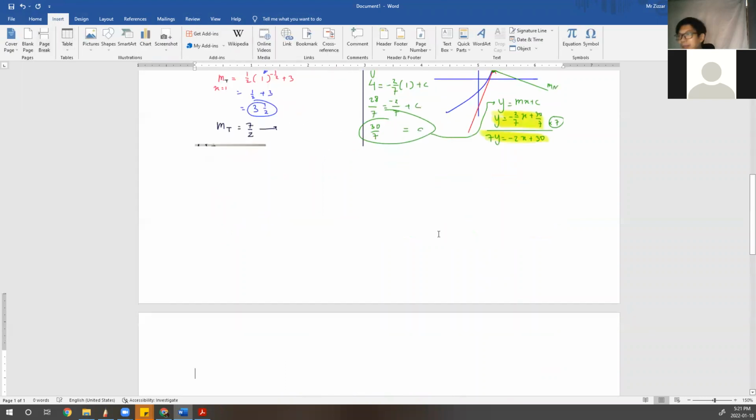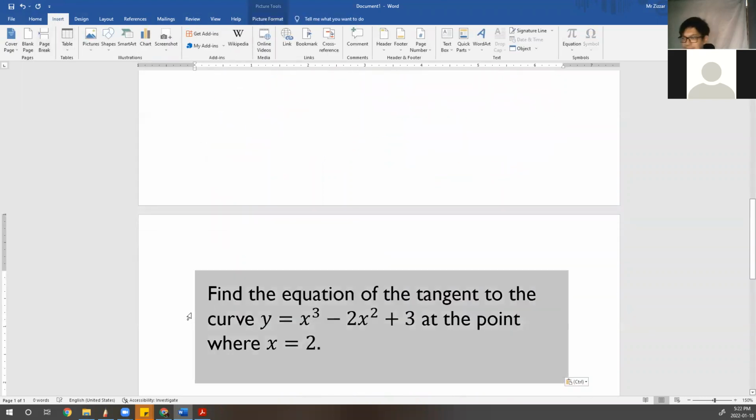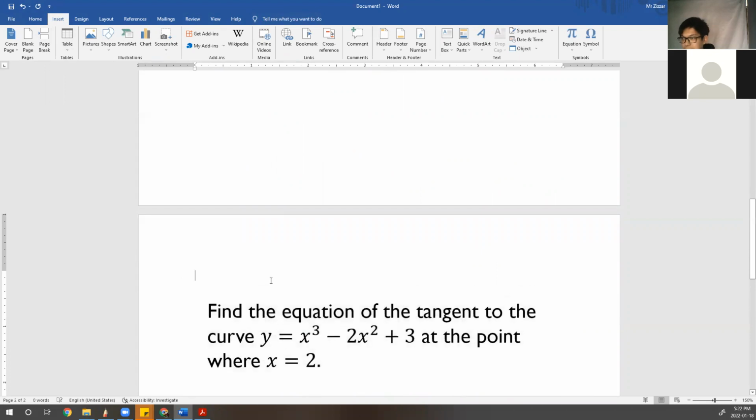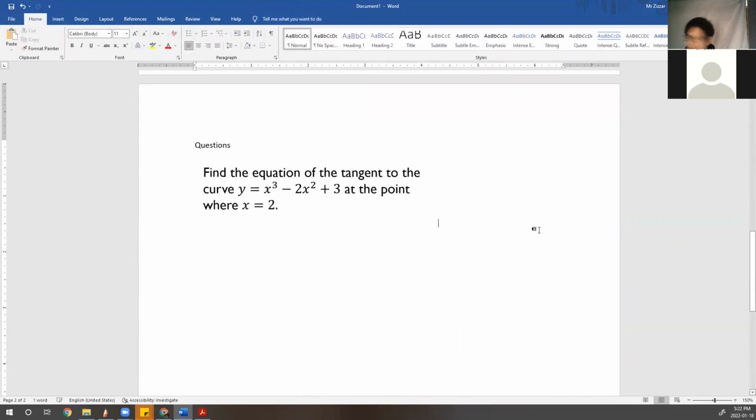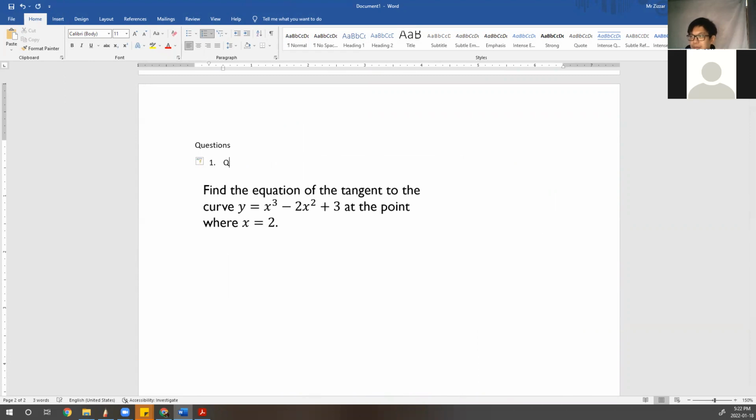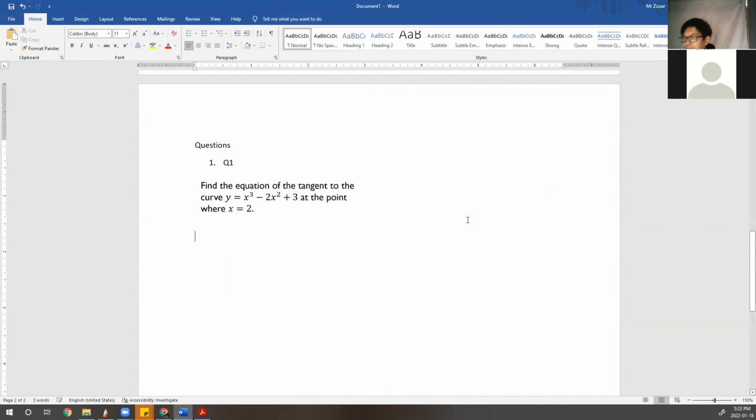I just use a page break. This is for your exercises, and that's for number 1. Now number 2.